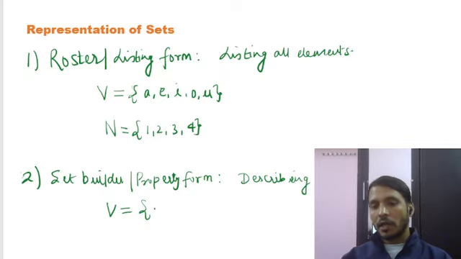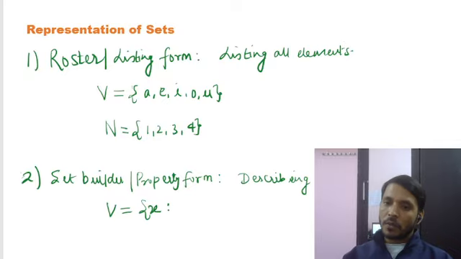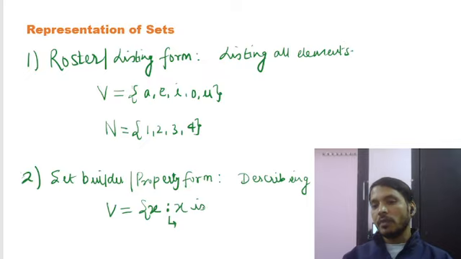Inside this curly bracket, we always write one symbol, a variable; you can take x, y, anything, followed by a colon. This colon is called 'such that', as I already explained. Then we write the properties of this variable. Here, the variable is a vowel. The same collection we are writing in a different form.